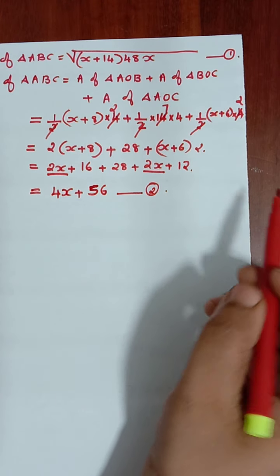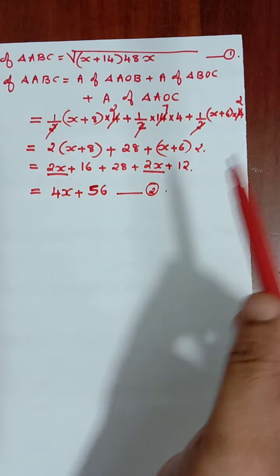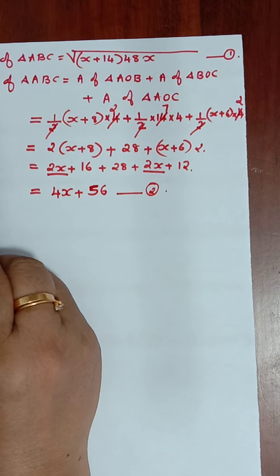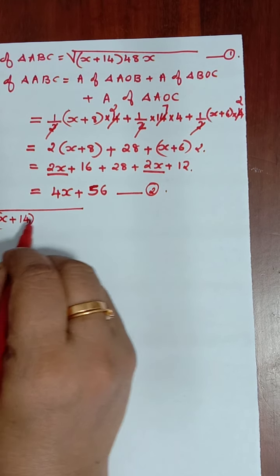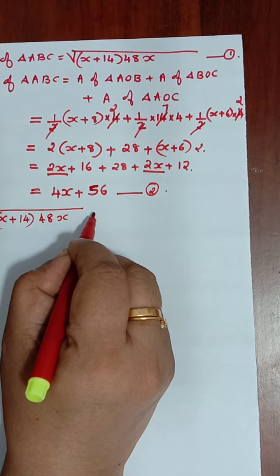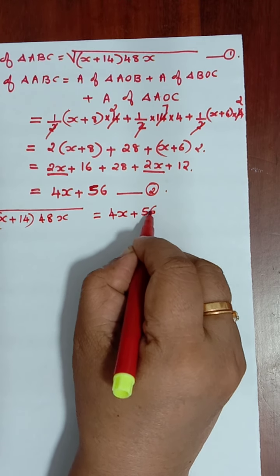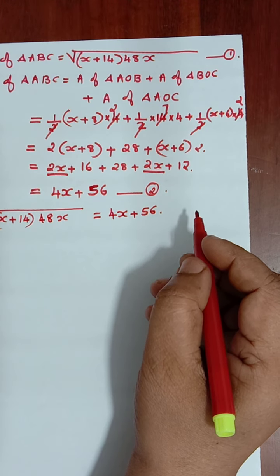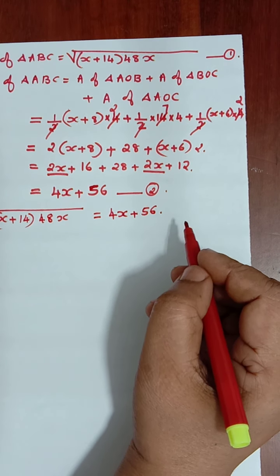Now we are going to compare the area of the triangle by the first method and the area of the triangle by the second method. They are equal, we know. So square root of (x plus 14) into 48x is equal to 4x plus 56. Okay, so how to cancel this and how to simplify?